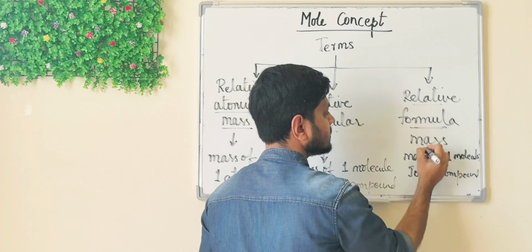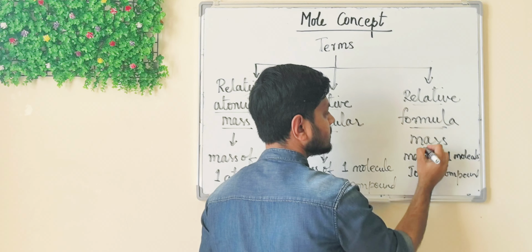For example, NaCl has one sodium, which is 23, and one chlorine, which is 35.5. Add up to form 58.5.